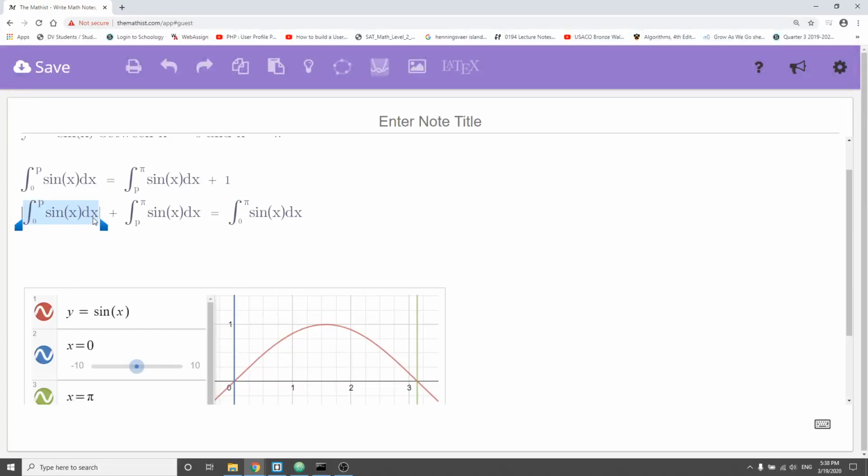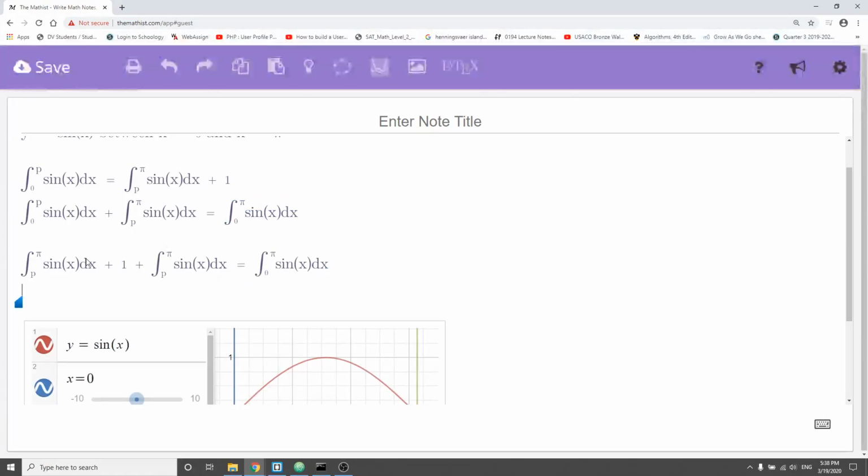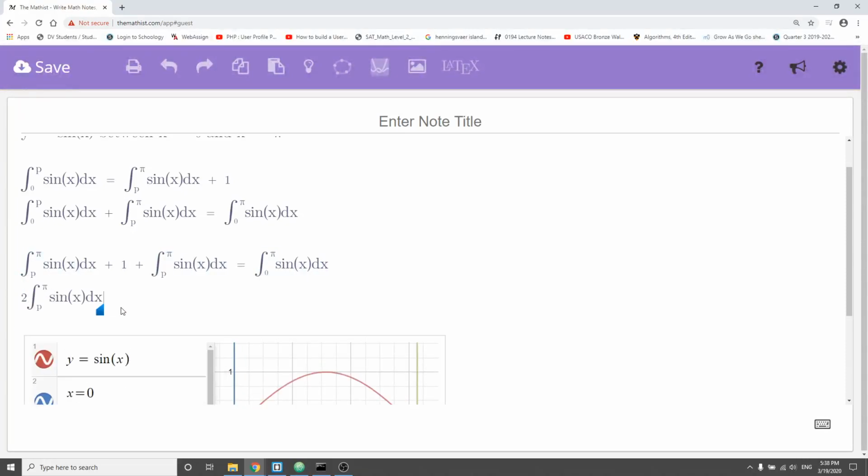We can essentially plug that in right here. So if you copy this over and paste, this is going to be plus this. Again, this part represents this part. And then, of course, we have this equals the integral of sine of x from 0 to pi. Okay? So now if you rewrite this part, we see we have 2 times the integral of sine of x dx from p to pi right here. So we can just have a 2 out front.